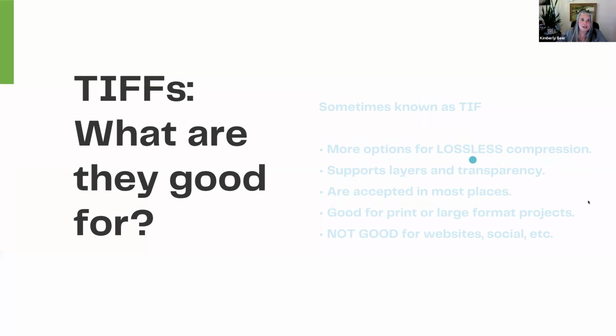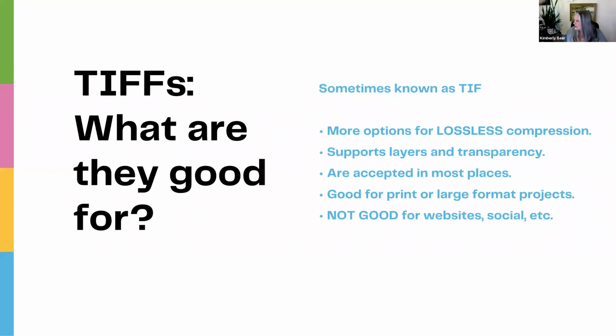So the next file format we're going to talk about is TIFF. So TIFFs are wonderful, but they're the opposite of JPEG. They're a lossless compression. In other words, the compression in a TIFF file often happens in the fact it's kind of like zipped or archived.